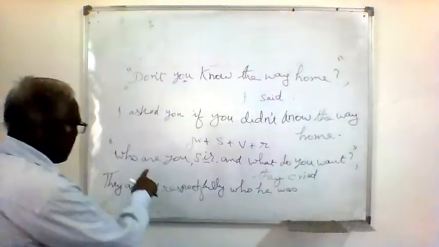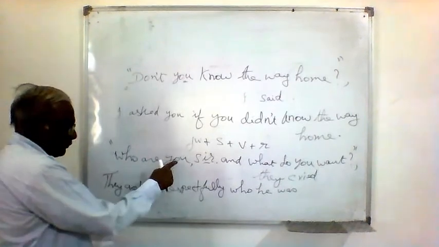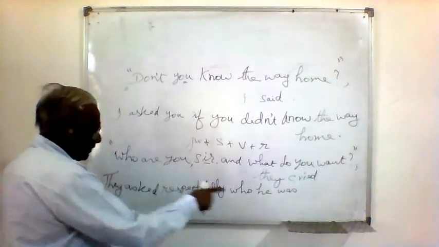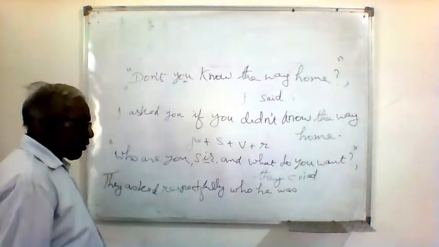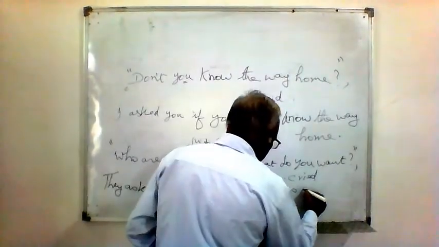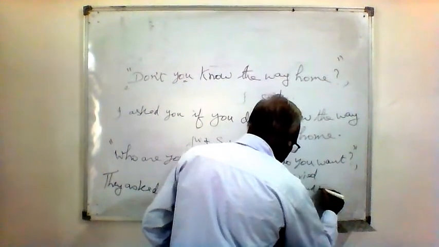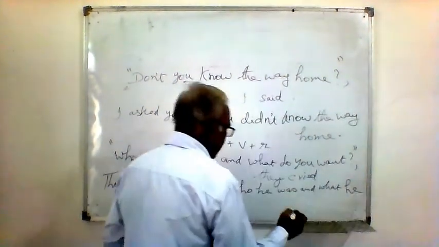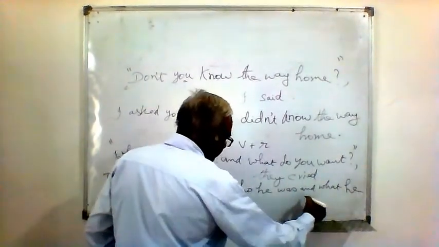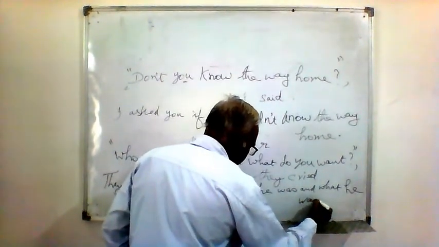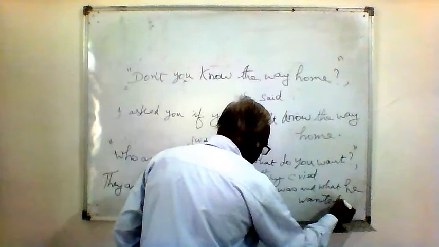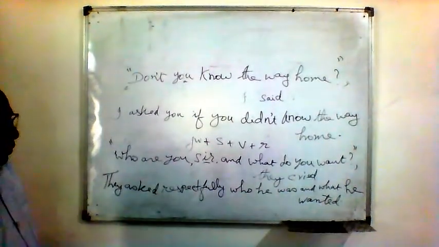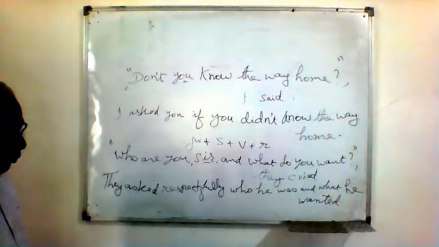Now look at this. "Are you?" "You are." So "you" becomes "he" and the "are" becomes "was." It is in present tense. Here it has become past tense. Who he was and what he wanted. They asked respectfully who he was and what he wanted.